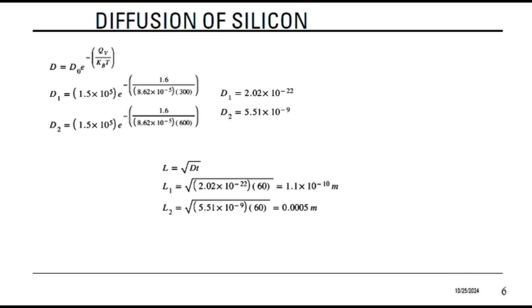Now in this slide, we are doing diffusion of silicon. The D in this equation represents the diffusion constant, which represents how fast atoms or molecules spread out, with D0 representing the pre-exponential factor, which represents the diffusion coefficient at an infinitely high temperature.